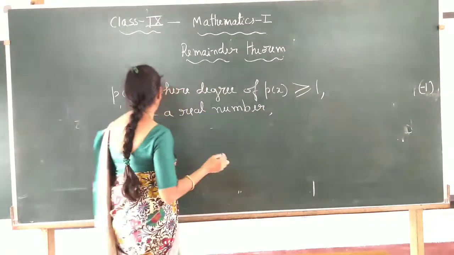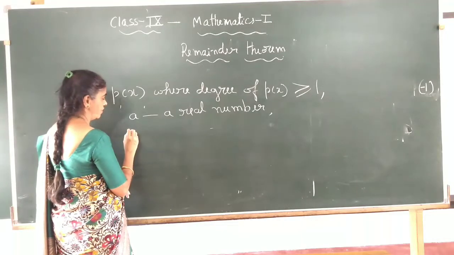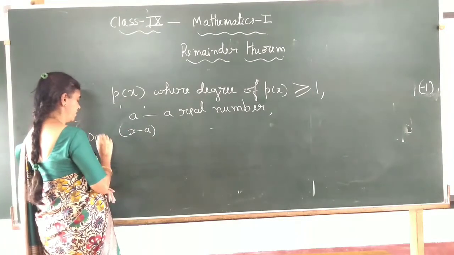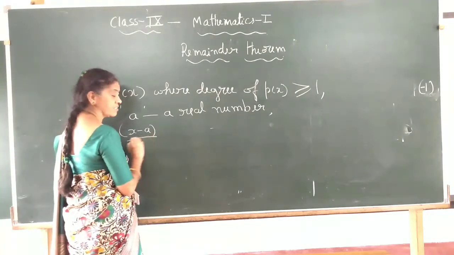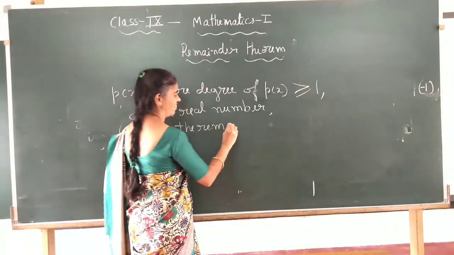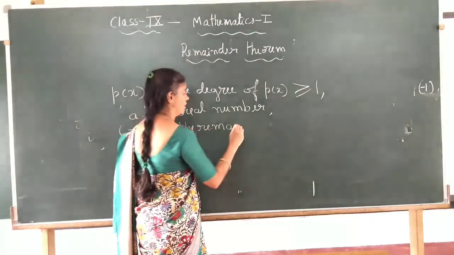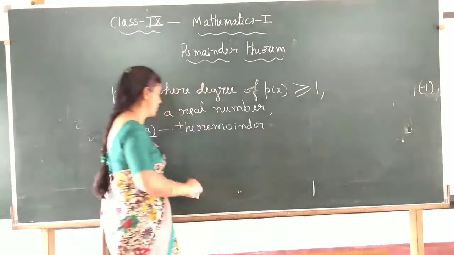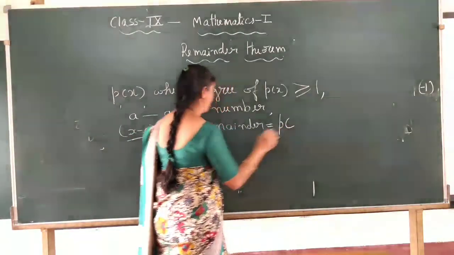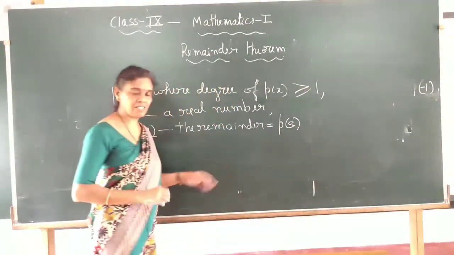If a is a real number, then if we take the divisor x minus a, the remainder when you divide p(x) by x minus a is p of a. See here, not minus a, you have to take plus a. p of a is the remainder. That is the remainder theorem.